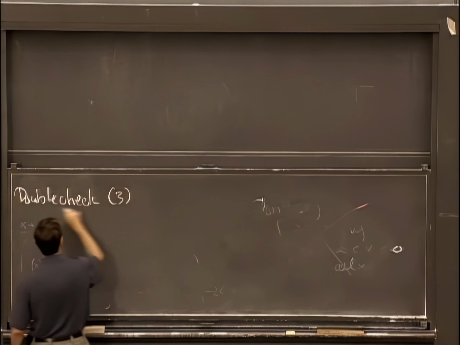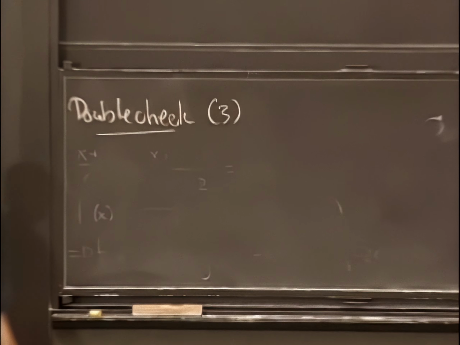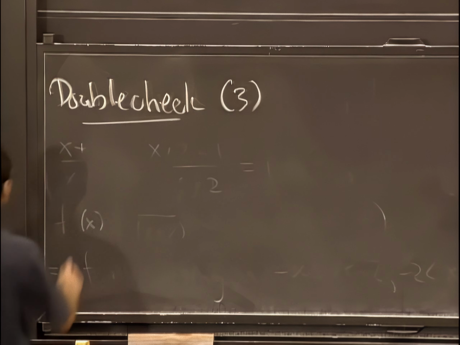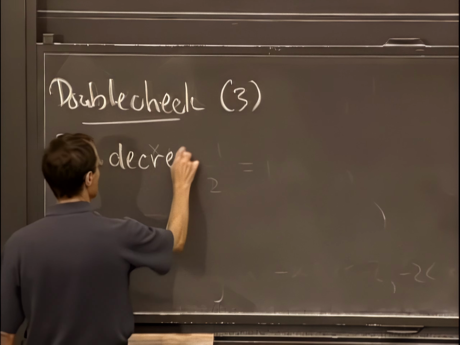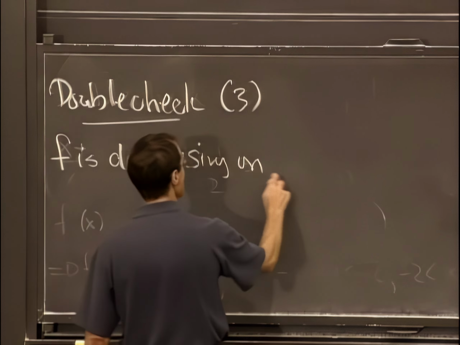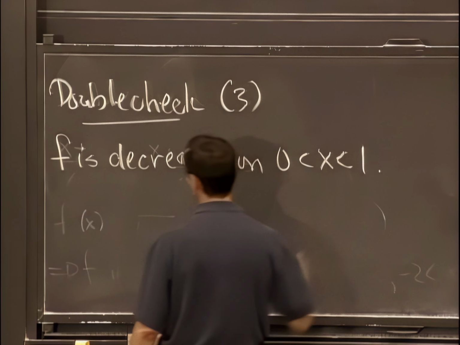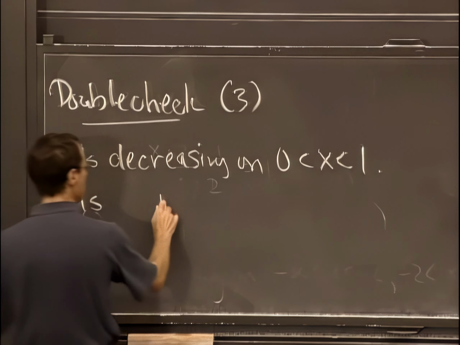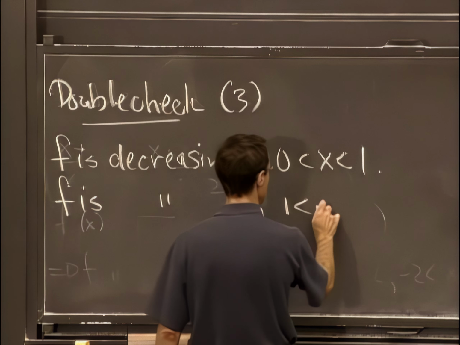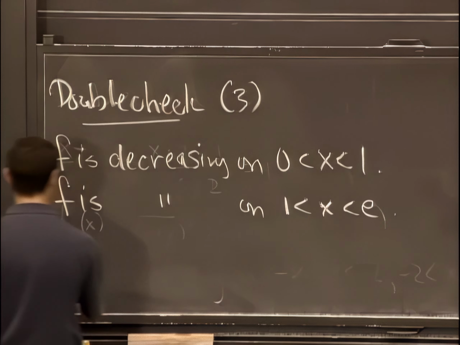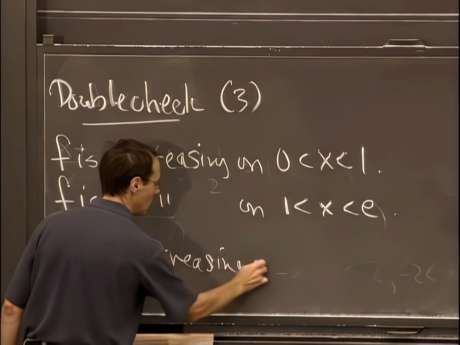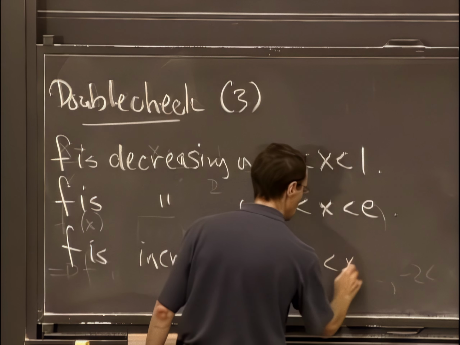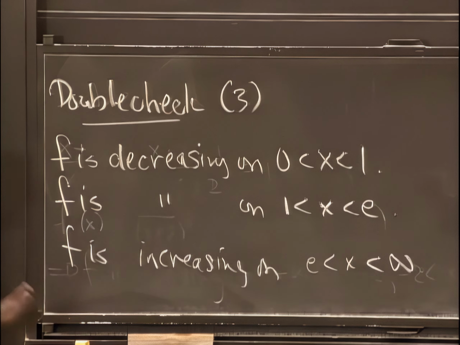This is part 3, but in advance, based on this picture, I already know what has to be true: that f is decreasing on 0 to 1. f is also decreasing on 1 to e. And f is increasing on e to infinity.